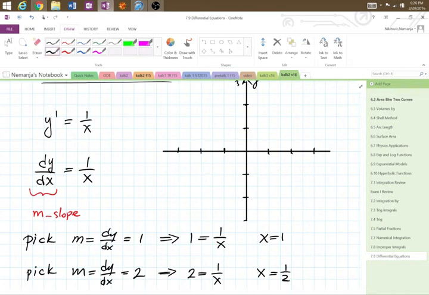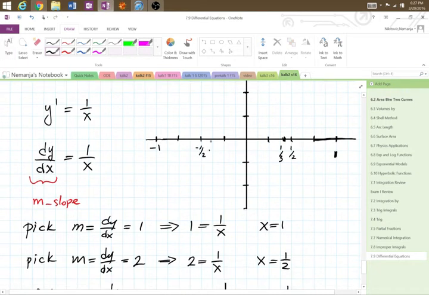What I'm doing now is I'm going to make over here 1 unit to be 4 squares, -1. So now this is where my 1/2 is. Right there is where 1/3 is, because I need those values. On the other side, -1, -1/2, and let's say right here -1/3.